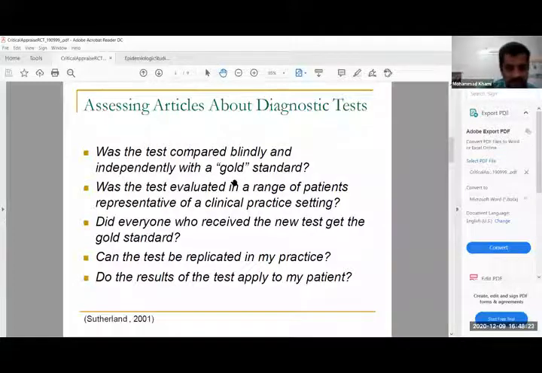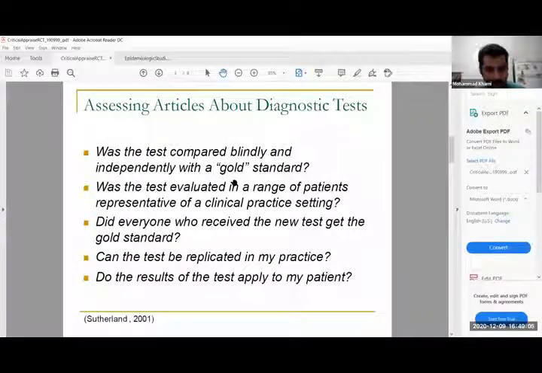The second question is, was the test evaluated in a range of patients representative of a clinical practice setting? It seems crucial that the patients receiving the test represent a real clinical practice setting, not just selected patients or those with specific conditions which may have some effects on the results of the test. The third item is, did everyone who received the new test get the gold standard as well?